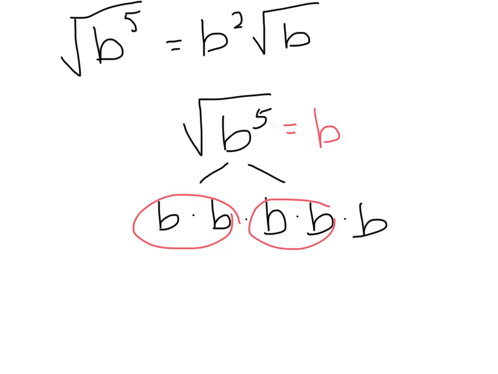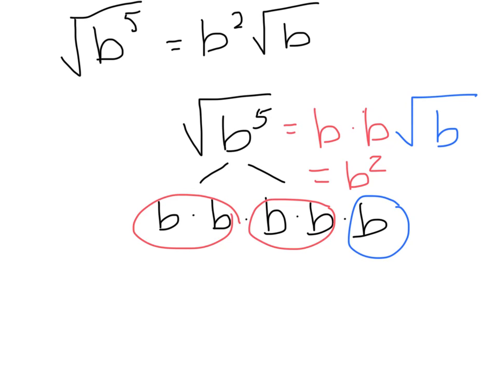I have another pair of b's here, so b squared, again, the square root of that is just b. And I'm left with one b inside of the radical. Well, b times b we know is b squared, times the square root of b. So the square root of b to the fifth is b squared square root of b.